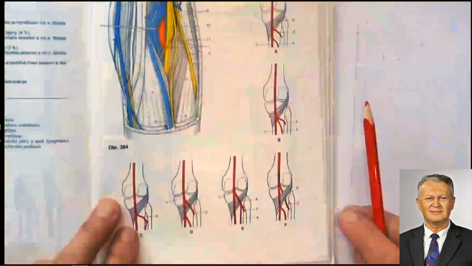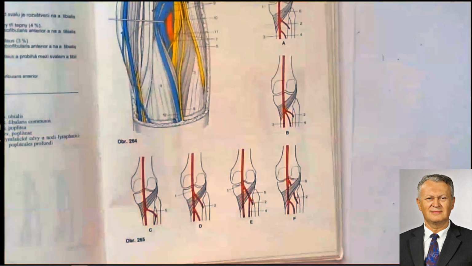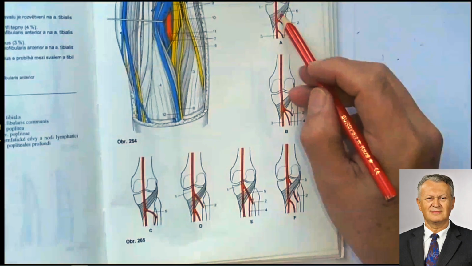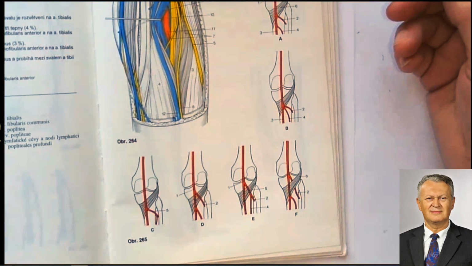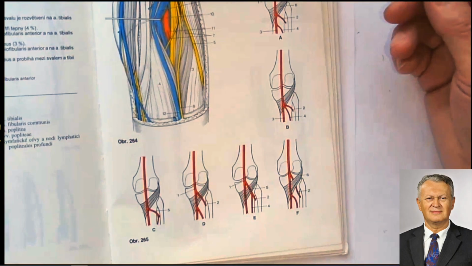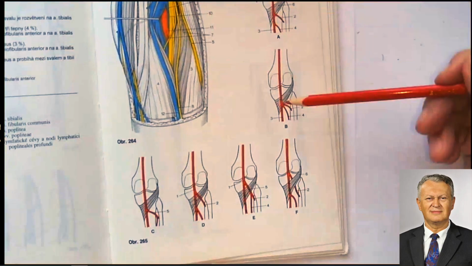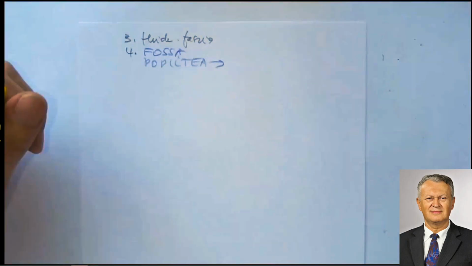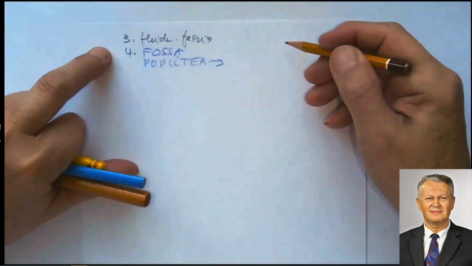The other diagrams show the variability of the position. The floor is the popliteal muscle, and then the artery lies either on it, some branches go behind, etc. Again, many varieties. So it is not necessary to draw a whole diagram, just a sketch.